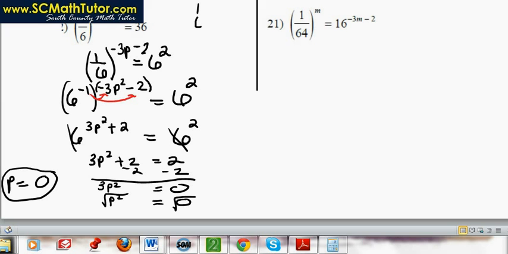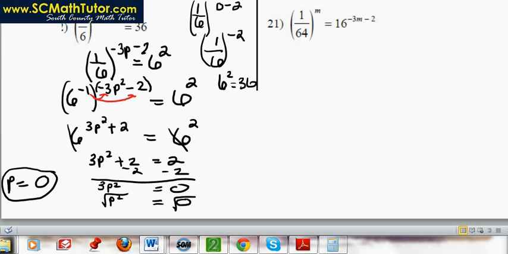So 1 over 6 to the negative 3 times 0, because our p is 0, is 0 minus 2. So 1 over 6 to the negative 2 is the same thing as flipping the positions. To get rid of that negative, this is just 6 squared, which is 36, and that's what we want, so our answer is correct.